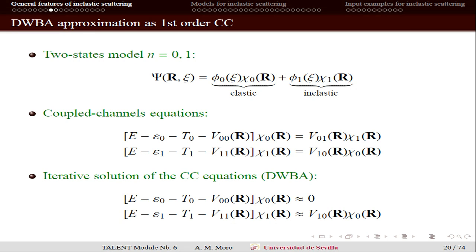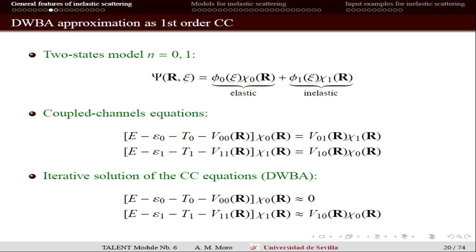Our model wave function will contain only two terms: this one describes elastic scattering, and this one will describe inelastic scattering. We can think, for example, of this lithium-7 target. So these are the set of coupled equations. Remember, the V00 is a simplified notation for the integral, the ground state interaction.